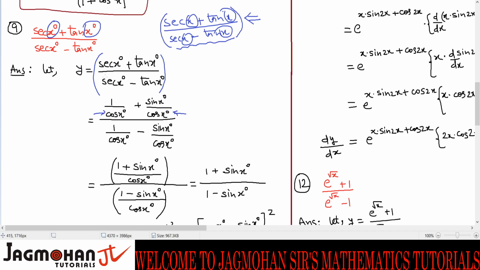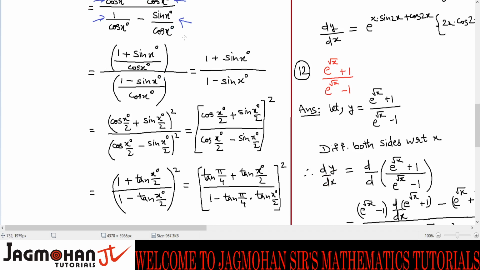Also, look at the denominator in the previous step, sec x degree minus tan x degree. Here also it is 1 upon cos x degree and sin x degree upon cos x degree, the denominator is once again same. This makes me understand that the given function can be simplified to a great extent.